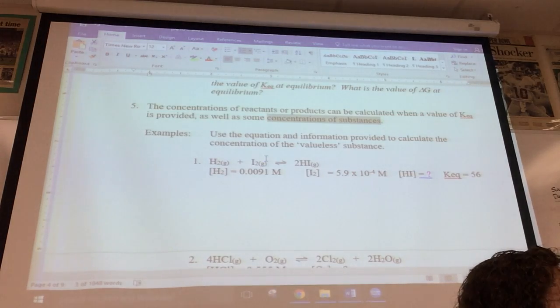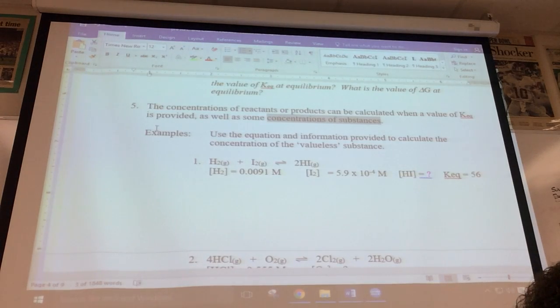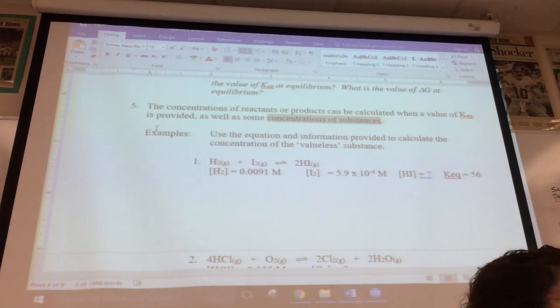All right, on number 1, it says use the equation and information provided to calculate the concentration of the unknown substance. So our approach here is always to write the KEQ expression.